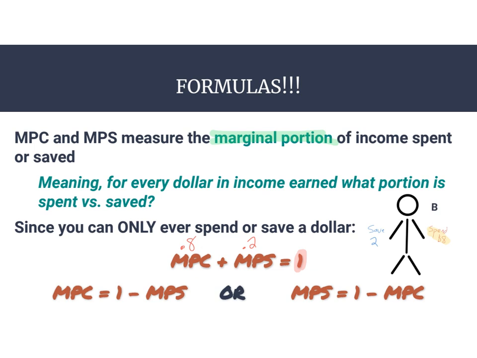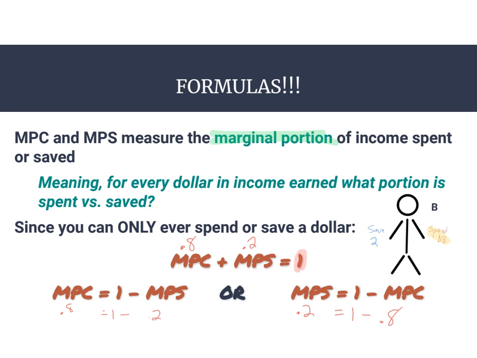And then you can calculate MPC from MPS by just subtracting it from 1. So MPC is equal to 1 minus MPS. So in this case, 0.8 would equal 1 minus 0.2, or MPS, which is 0.2, would equal 1 minus 0.8. Okay, so generally when you get a question related to multipliers or this kind of concept, you'll be given either the MPC or MPS for these calculations.